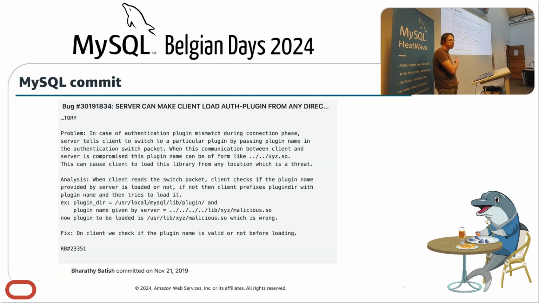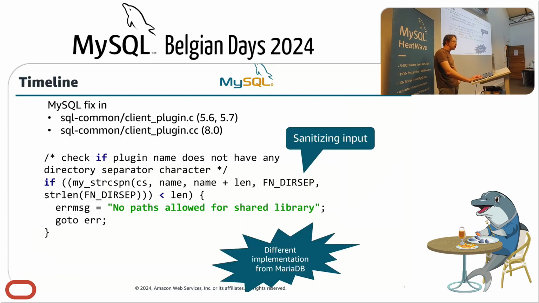You can do a directory traversal by changing the plugin name, right? So that was fixed. And then this code was added to the MySQL server. Again, this is client utilities, it's shared code. And it says, no paths allowed for the shared library. A little bit different implementation from MariaDB.